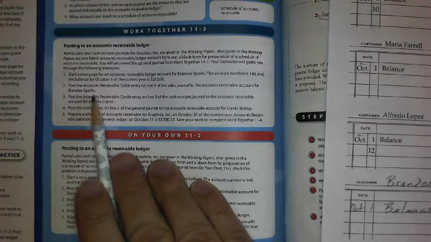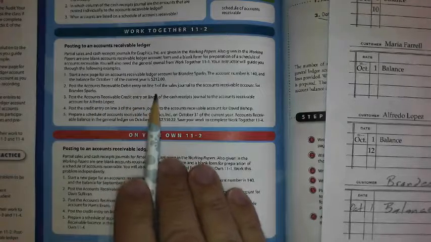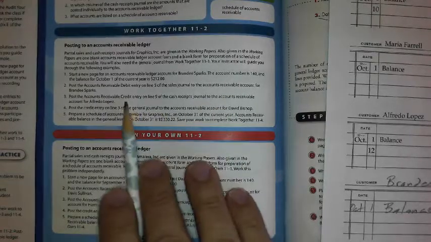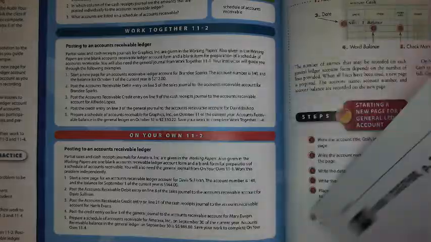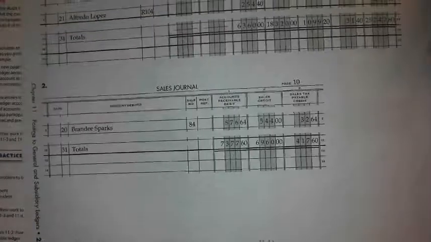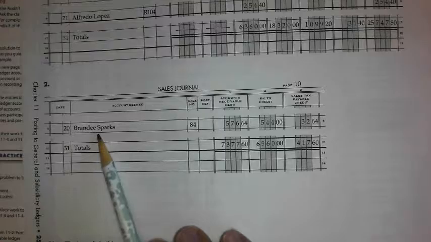Now number 2, post the accounts receivable debit line from entry 5 of the sales journal to the AR account for Brandy Sparks. So we'll turn this over. Here's the sales journal. Line 5, Brandy Sparks.